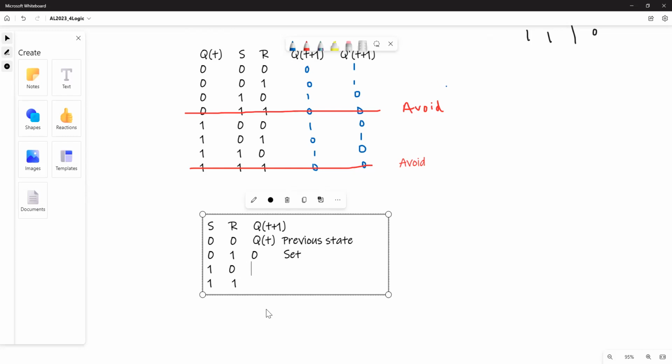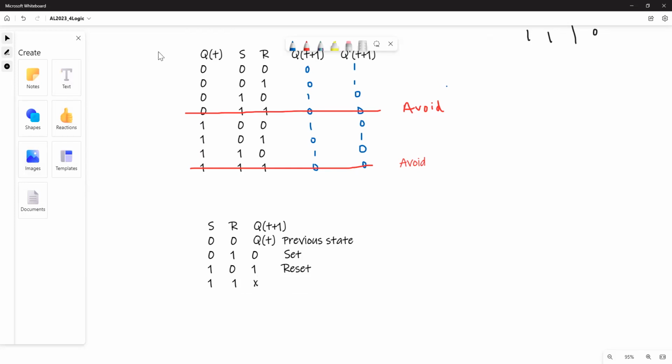Right? And the next one is when you say 1, 0, you can say outcome is 1. And this is what we call reset. And when you have 1 and 1, we need to avoid. I will put a cross here. We are not going to consider this state. And that's how the SR flip-flop works.